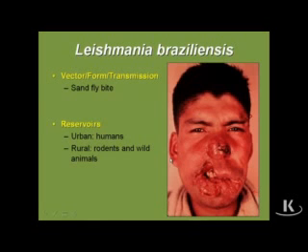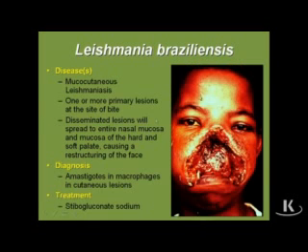This is another image of mucocutaneous leishmaniasis, where you have one or more primary lesions at the site of the bite and then it disseminates, completely again restructuring the hard and soft palate. Diagnosis, again, just like for the others, you're going to look for the amastigotes, and the treatment is with sodium stibogluconate, again, as your drug of choice.